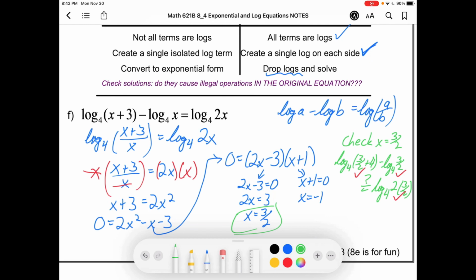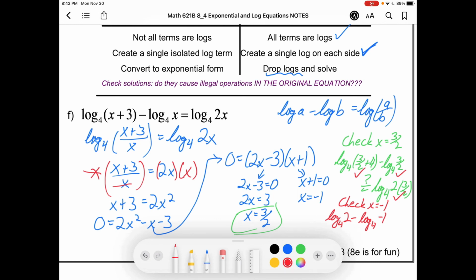All right, let's similarly try x equals negative 1. So maybe I'll do that in a different color. Check x equals negative 1. So that would give me the log base 4 of negative 1 plus 3. That's 2. That's fine. So everything's all right so far. Let me put in the next one. Then I'd have log base 4 of negative 1.